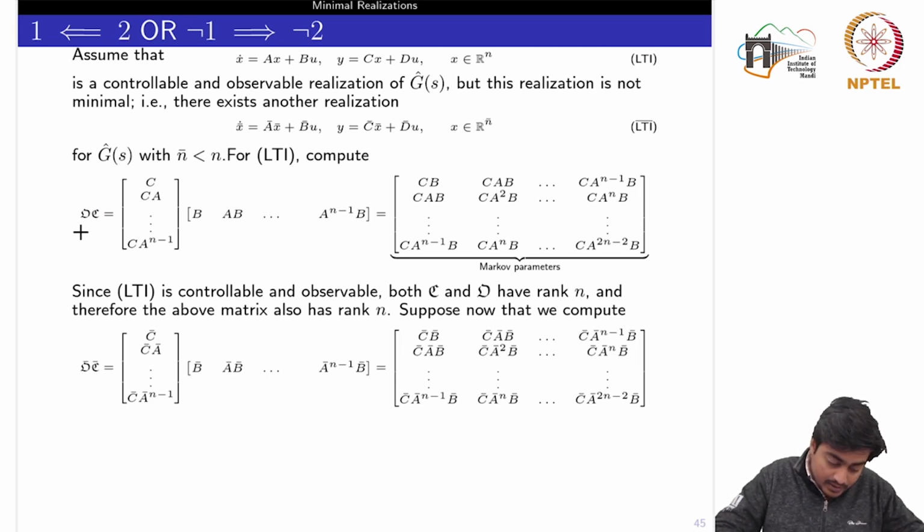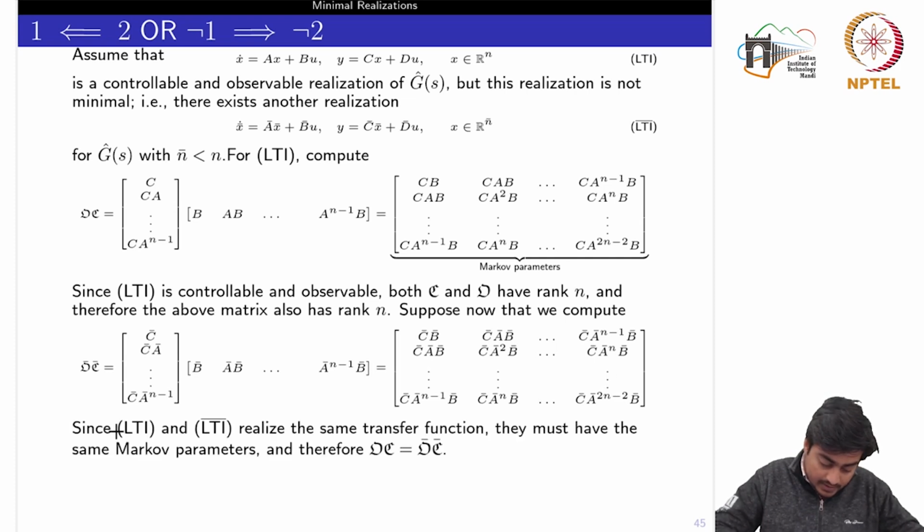Now let's compute the same multiplication for this LTI bar realization. This would be O bar C bar, and again we can compute it. See one thing: since LTI and LTI bar realize the same transfer function, g hat of s, they must have the same Markov parameters.